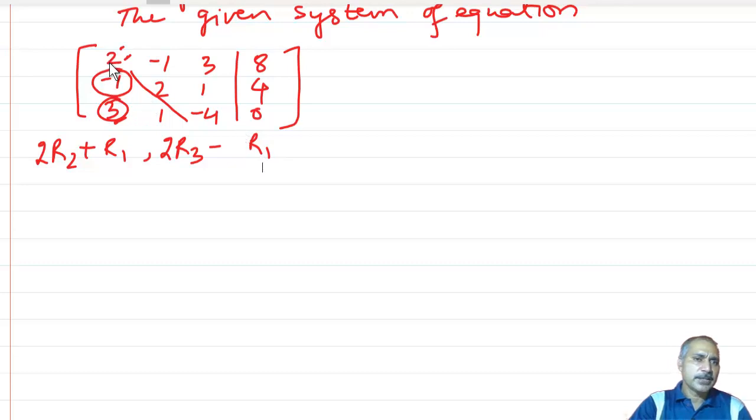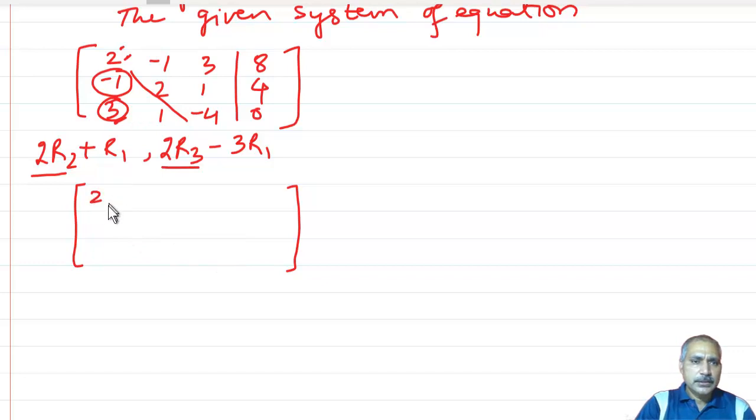If we subtract, we will get 0 at this place. Now we are doing operations on row 2 and row 3, so we will copy row 1 because we are not changing that. So we have here 2, minus 1, 3, and the right side, that is 8.